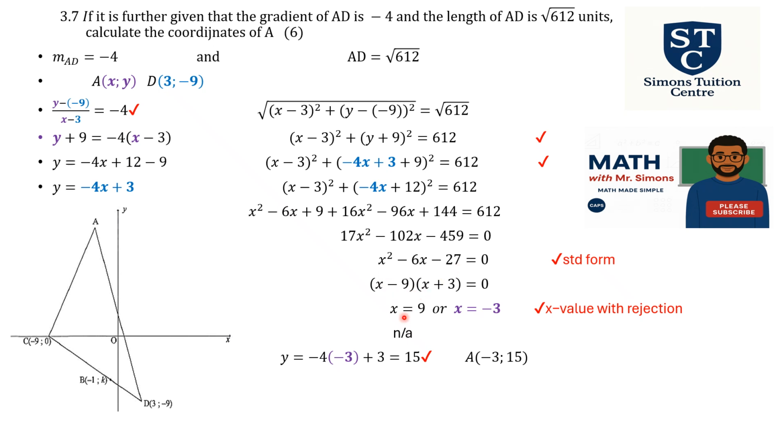So if I simplify, x equals 9 or x equals -3. Now A is in the second quadrant, so x can't be positive. Therefore that answer is not applicable. We're working with x equal to -3. So I substitute back into y: -4 times -3 plus 3. That gives me positive 12 plus 3, which is 15. So the coordinates of A would be (-3, 15).